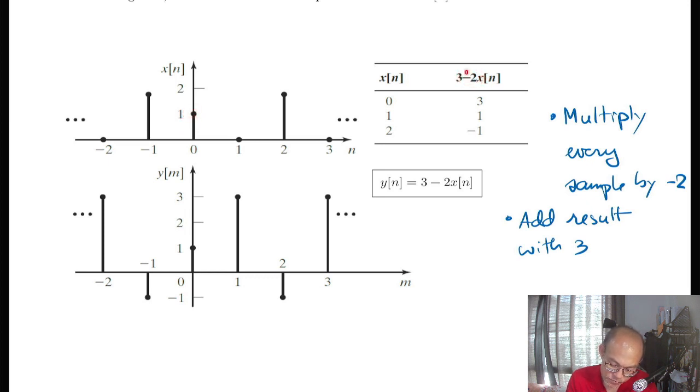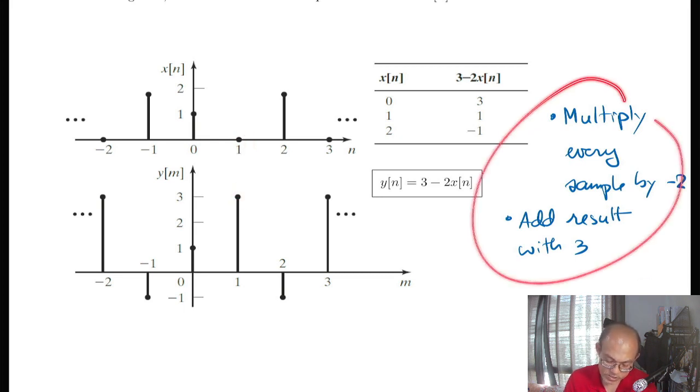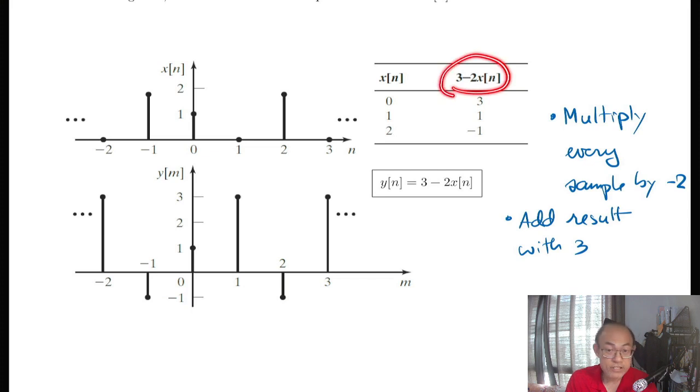And then minus 2 added by 3 is 1. 2 multiplied by minus 2 is minus 4. Minus 4 added by 3 is minus 1 here. 0 multiplied by minus 2 is 0. 0 added by 3 is 3. Right? So this is what we do from the definition here.